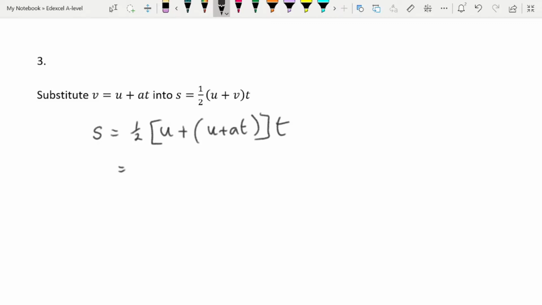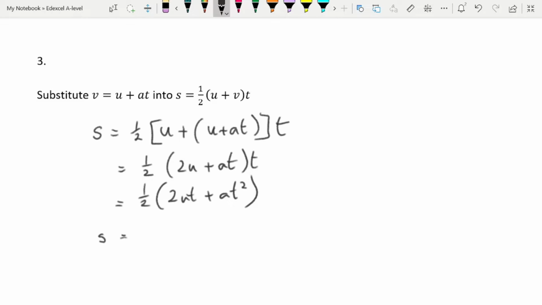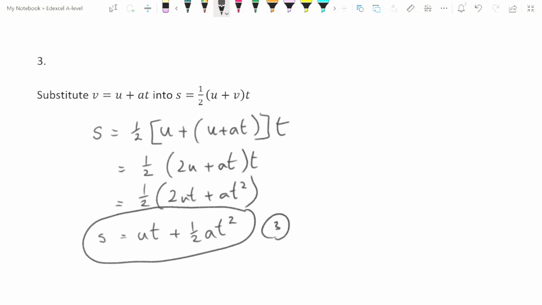If we work on that a little, we should see that we get, step by step, that equals, multiplying in the t, giving us, finally, s equals ut plus half at squared, and that is number 3.